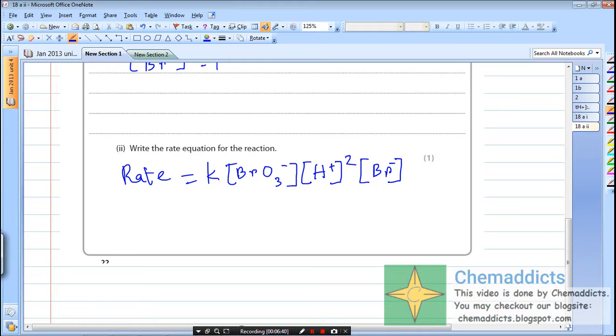They usually ignore this order. They always write BrO3 minus, then H plus, then Br, and they forget about the 2. They forget about writing this power. So we should not forget this, and we should always be careful about this thing.